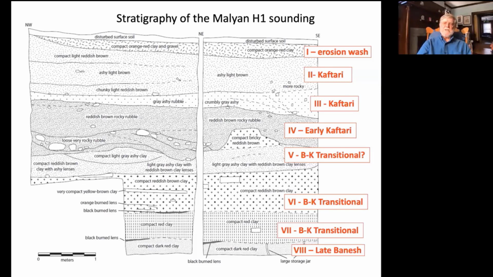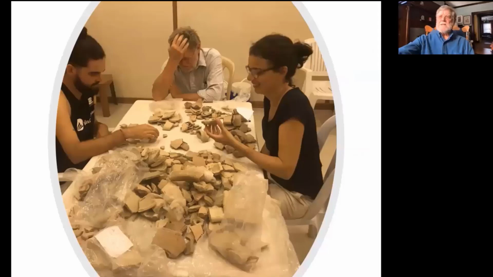There is an early Kaftari layer, which is rubble from some kind of a major construction. And then there is the main Kaftari or middle Kaftari, from the Shogha-Kaftari era pottery that we're all so familiar with. Sometimes pottery is not much fun.